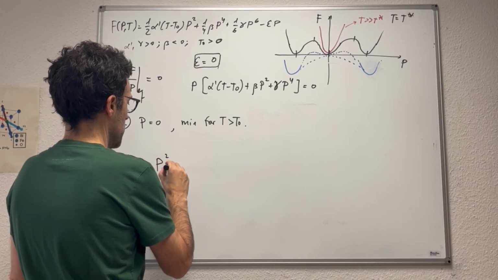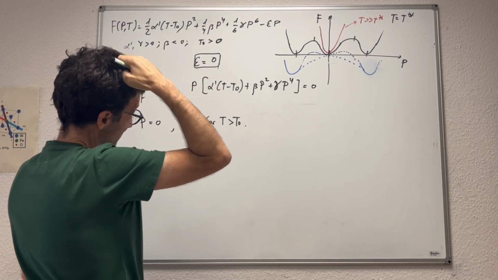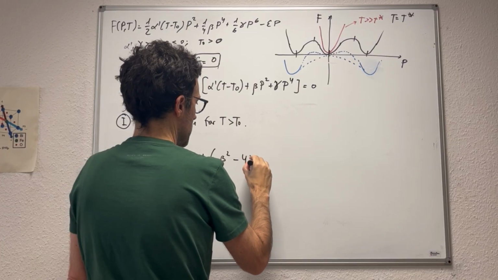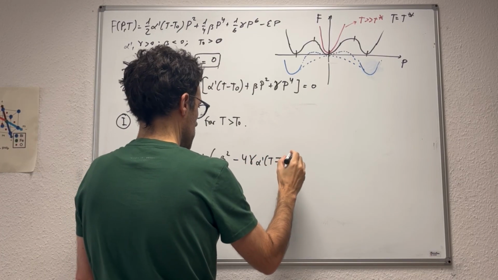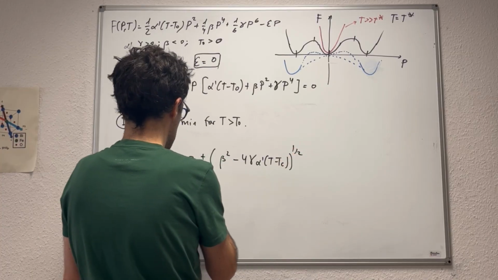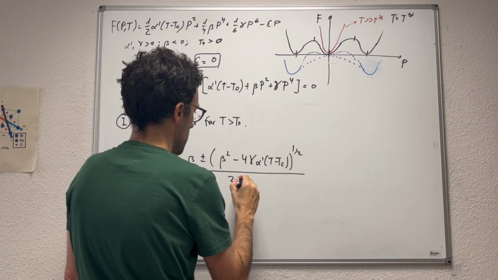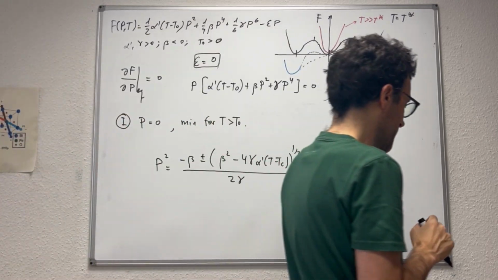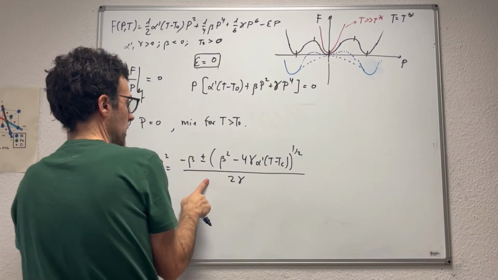You know that p squared has to be minus beta plus minus the square root of beta squared minus 4 times gamma alpha prime (T minus Tc), divided by 2 times gamma. Slightly more complicated, not very complicated, but as compared to what we had before, certainly more complicated.